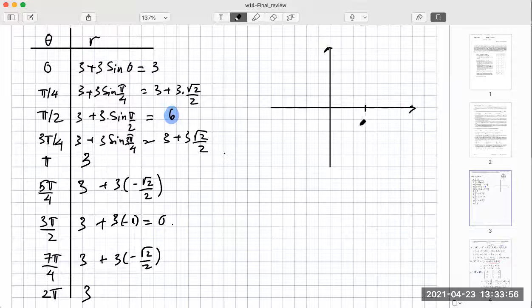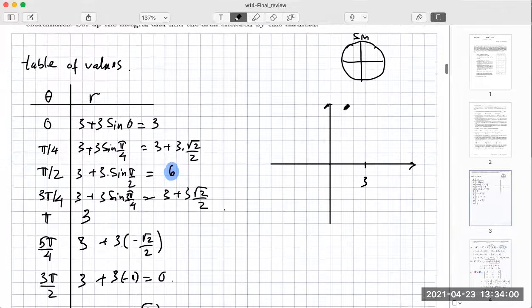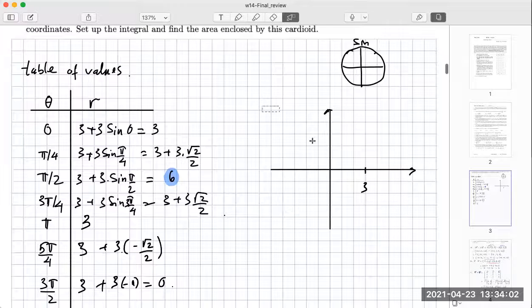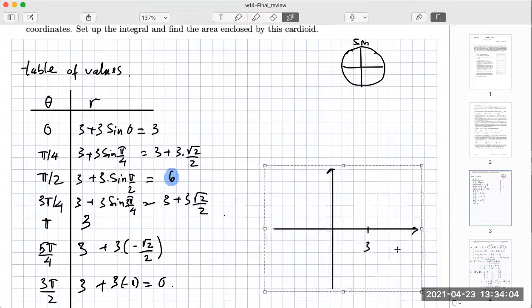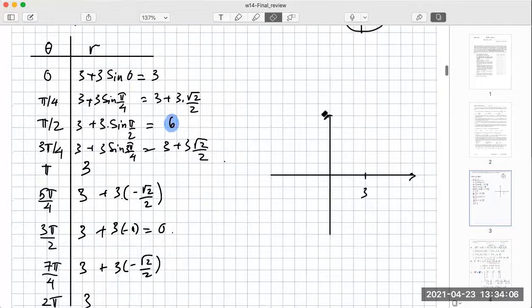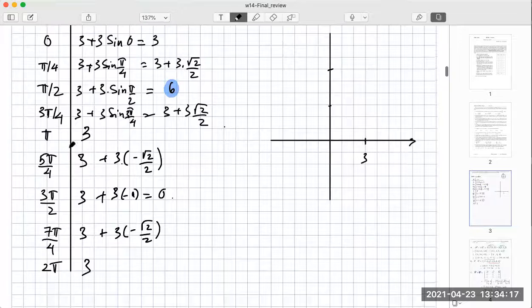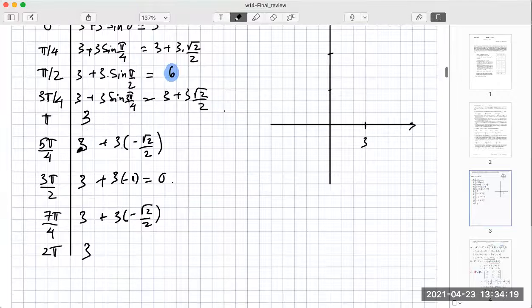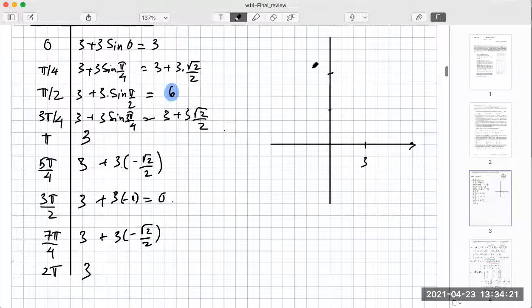Suppose this is 3 here. And we know that at pi over 2, it is 6.